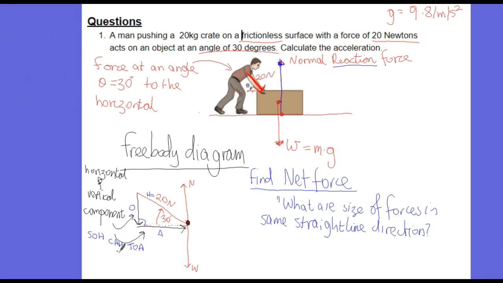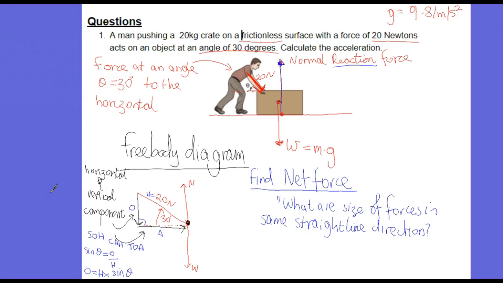I could use sine. So the sine of the angle has to be the same as the opposite side over the hypotenuse side. If I'm interested in the size of this vertical component force, this opposite side of the triangle, then the opposite will be given by the hypotenuse multiplied by sine of the angle.